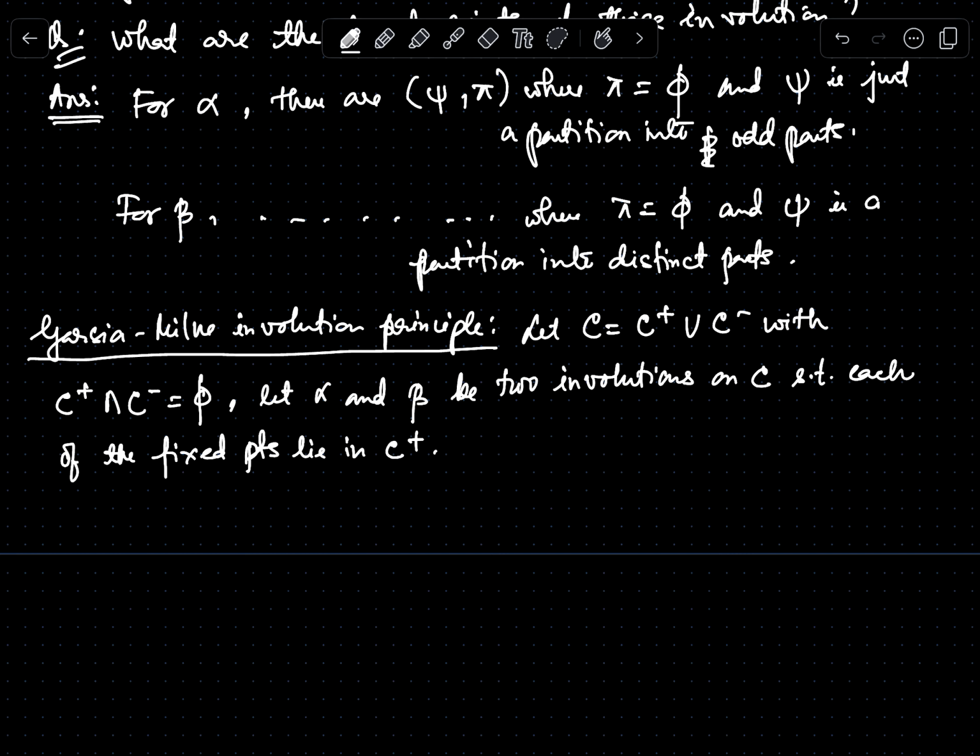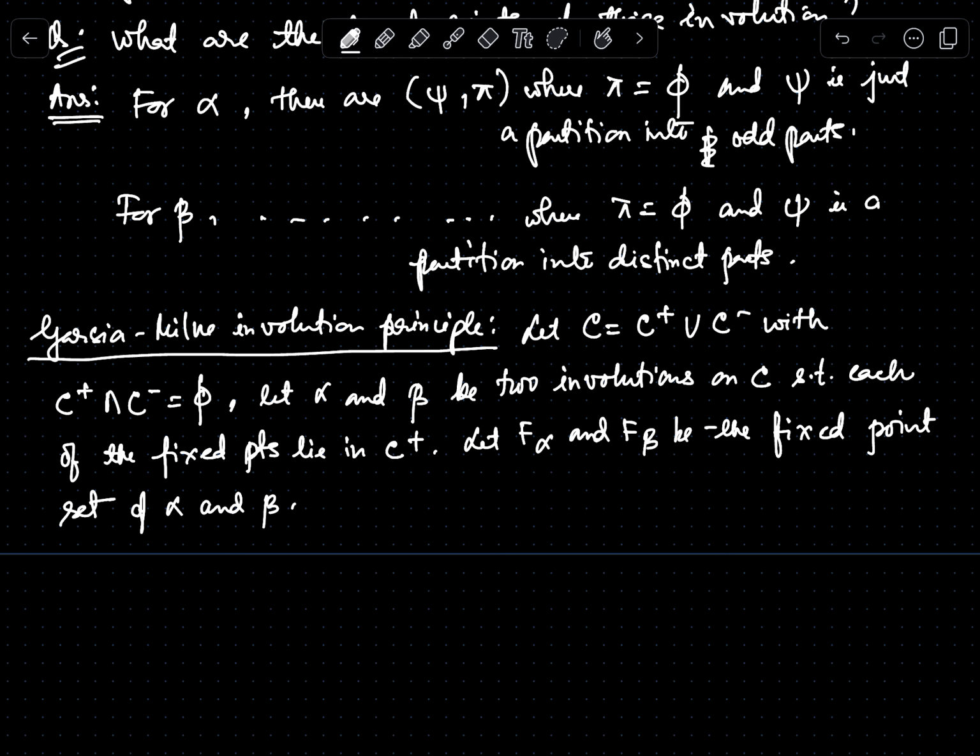Let F alpha and F beta be the fixed point sets. That means it contains all of the fixed points of the involution alpha and the involution beta. So, let these be the fixed point sets of alpha and beta, and we have the following two conditions.